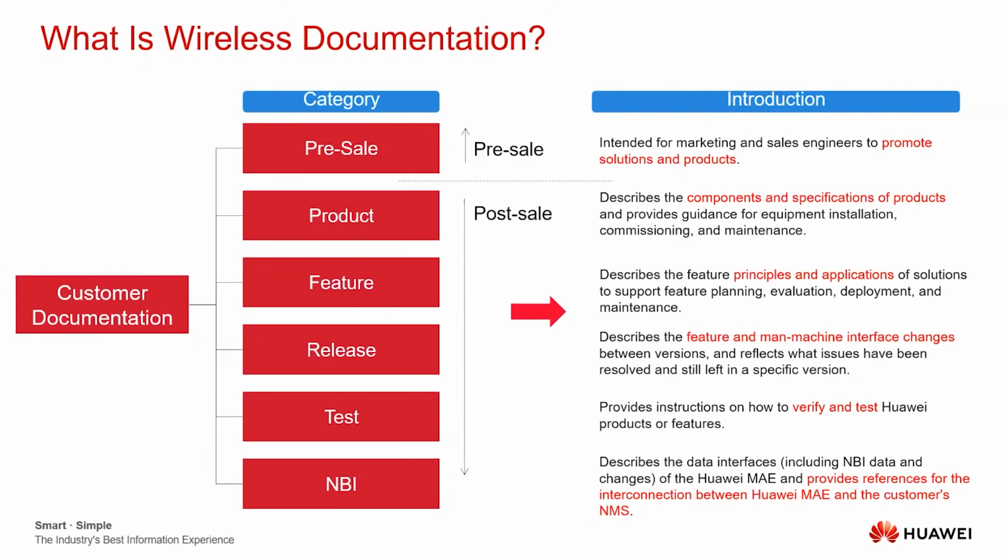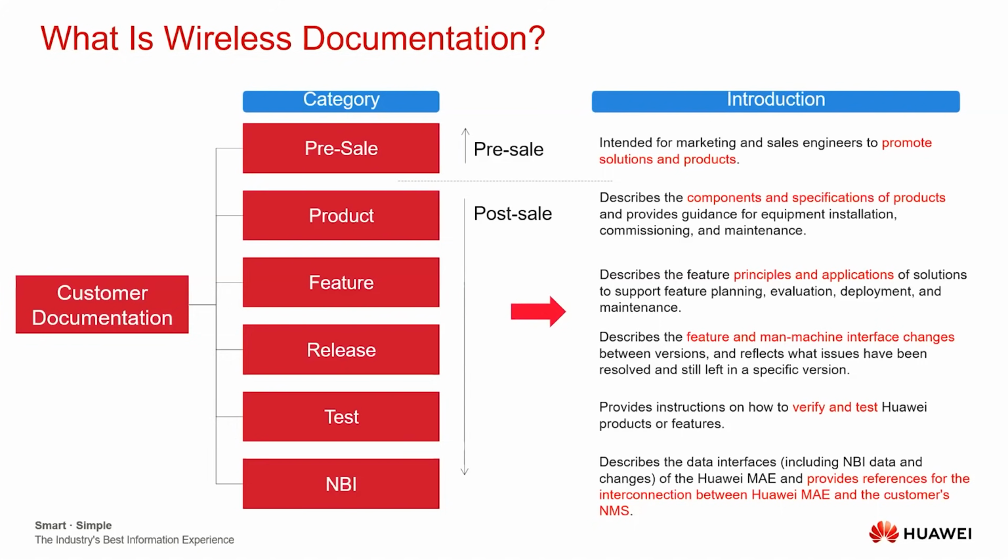First is the product documentation. It describes the components of products, the specification, the weight, the dimensions. It also provides information on how to deploy the product: the installation, commissioning, and maintenance information of the product.